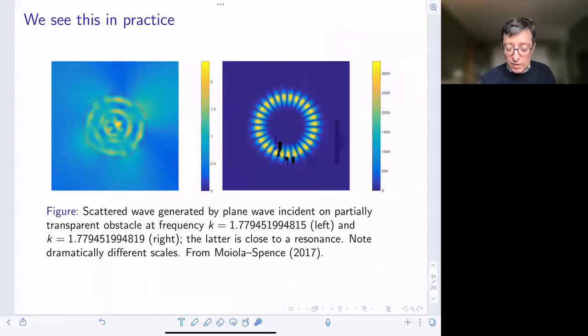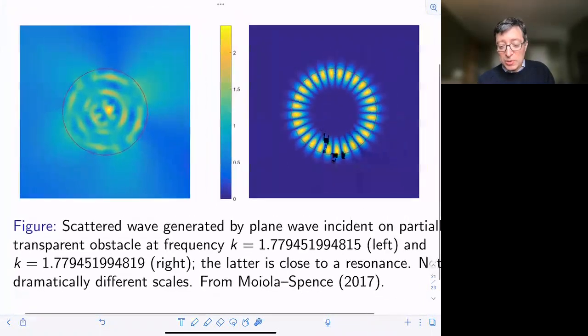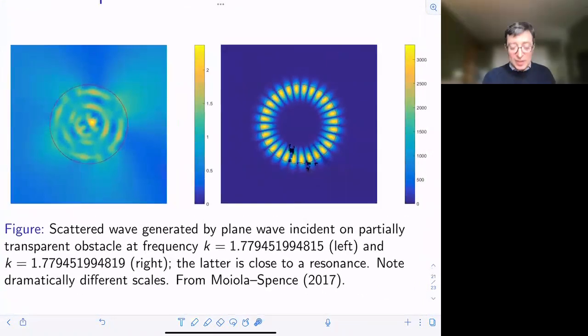Here's a great picture from Moyola and Spence that shows you why maybe you should believe this theorem. So as I'll explain in a moment, your enemy is resonant frequencies, right? So we all know intuitively that if you have something where trajectories can be trapped, like in your shower stall and you sing, that you hit certain resonant frequencies and the resolvent's bigger, the note's a lot louder.